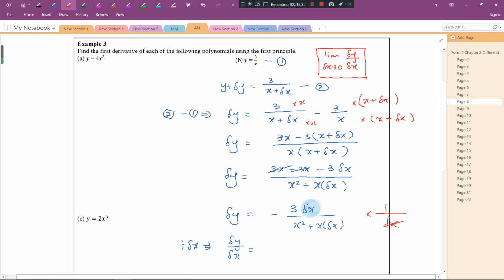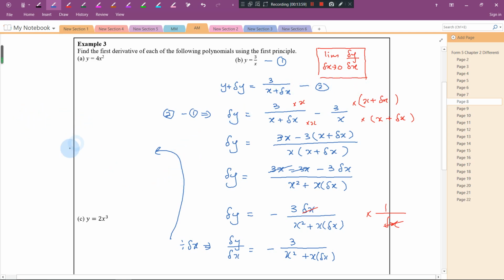So this and this will actually cancel out. Okay, so we only have negative 3 over x squared plus x times delta x. Okay, let me write over here. Last thing, we want to add the limit as delta x approaches 0. We do the same thing for both sides.